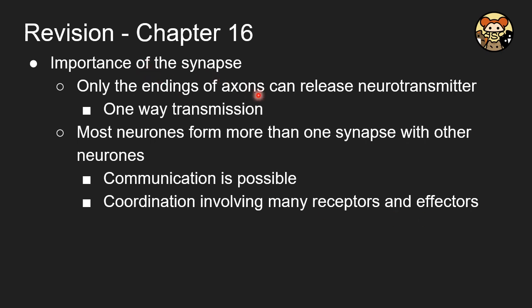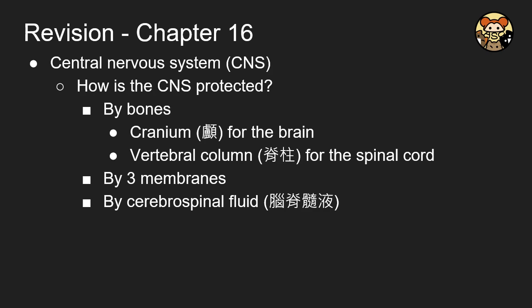Only the ending of the presynaptic nerve contains the neurotransmitter, which is why we ensure a one-way transmission. In English, we also call it unidirectional. And one neuron can trigger multiple neurons to respond. That's why communication is possible, and we have coordination involving many receptors and effectors.